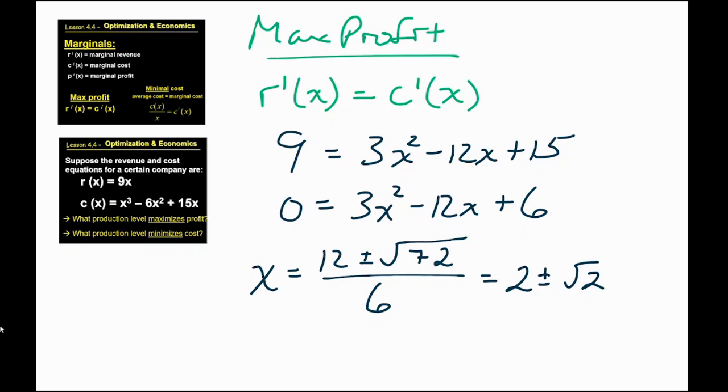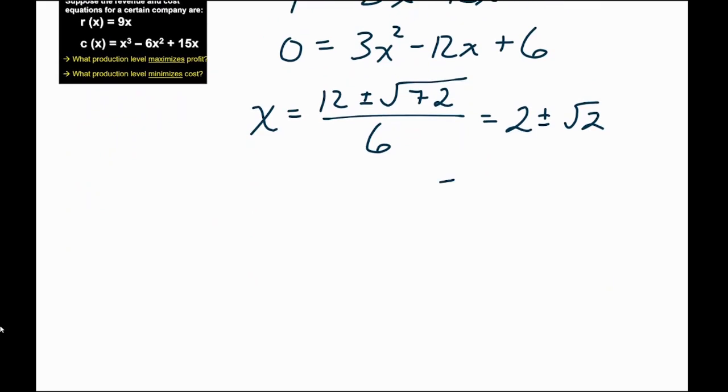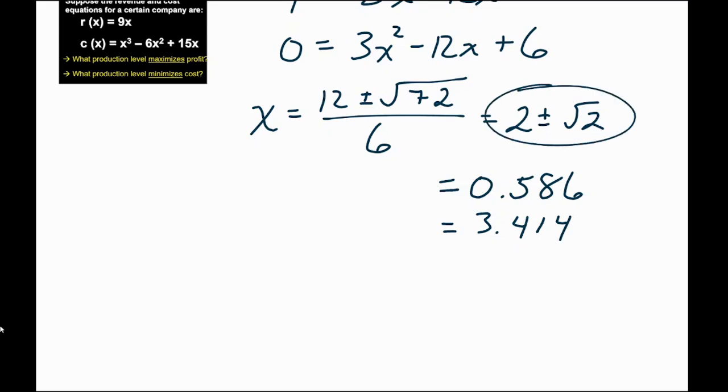We'd have to do some simplifying, but I'm more concerned that you realize that 2 plus or minus root 2 is actually two numbers. Even though we don't do this often in math, we're going to write them as decimals because we can end up with either 0.586 x's or 3.414 x's.